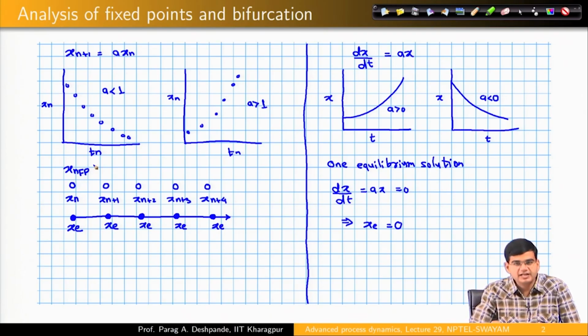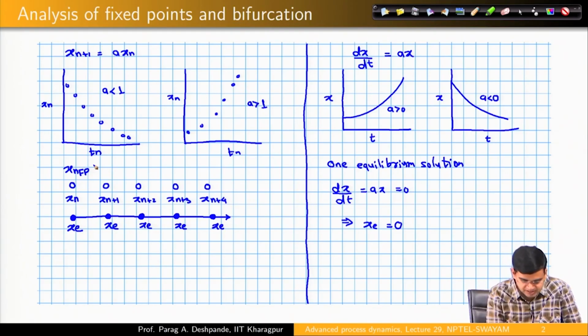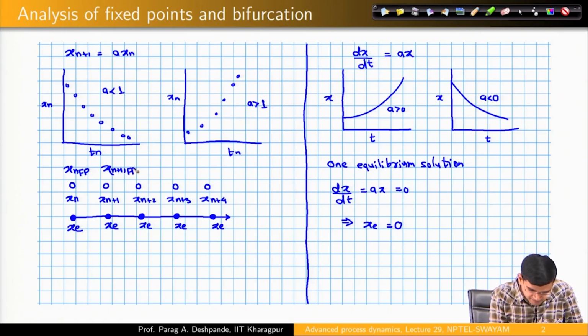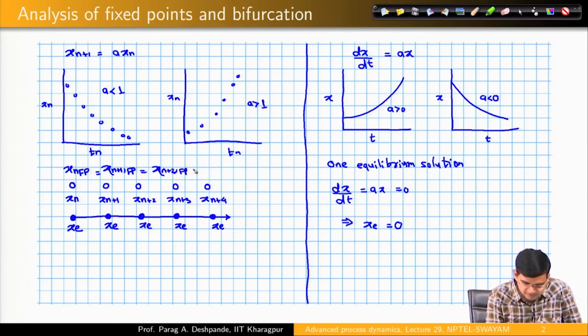If I attain x n f p, which is the analog of equilibrium solution, then x n plus 1 f p will also be the same, x n plus 2 f p will also be the same and so on, and f p is called the fixed point.